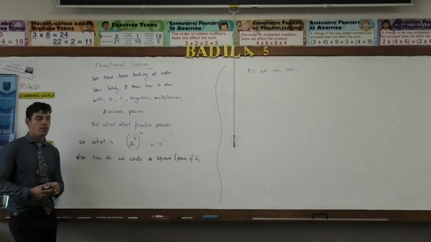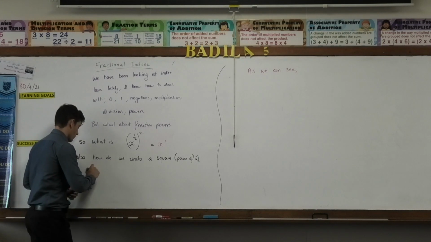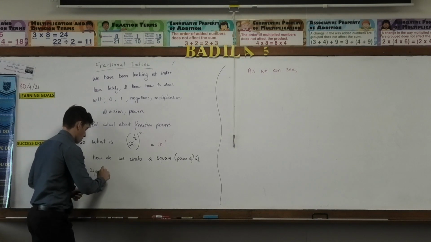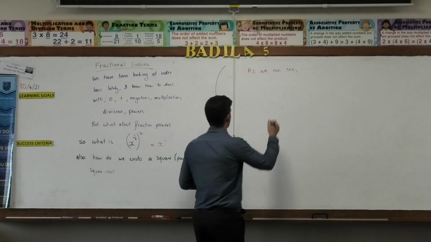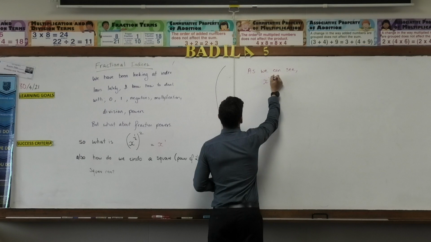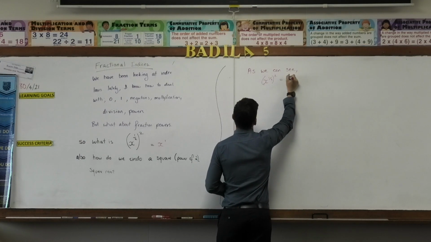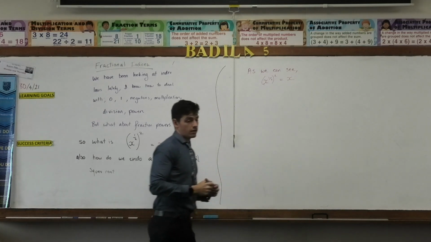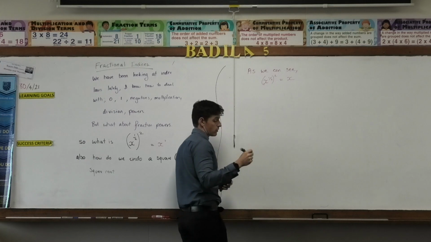So how do we undo a square when we're rearranging? What's the opposite of a squared? So we use a square root. So we know that x to the power of a half are opposite operations as we get the x there, correct? Interesting, we'll get to that.